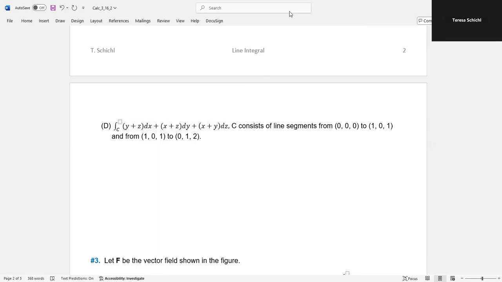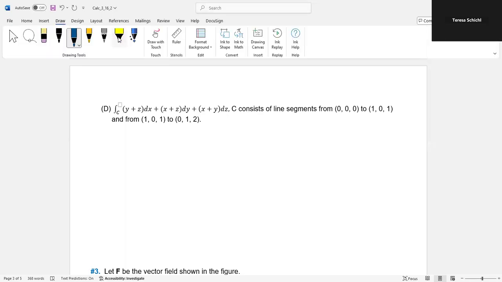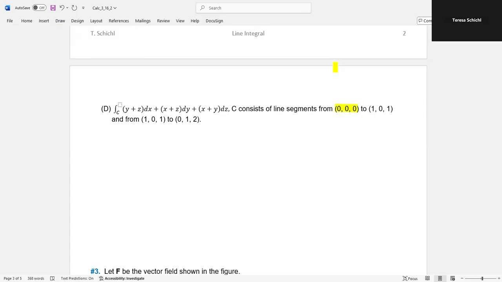Okay, so now let's take a look here. This problem is a little bit interesting. In here we have 2 line segments, right? The first line segment is from the point 0, 0, 0 to 1, 0, 1. Then after 1, 0, 1, it goes from 1, 0, 1 to 0, 1, 2. So we have 2 line segments.